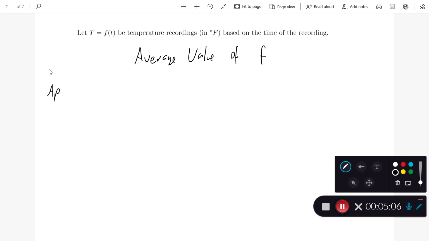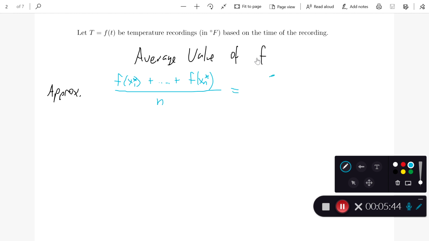So for an approximation, the average value would be taking your function values at your sample points, whatever sample points you happen to have chosen, and dividing by n, right?